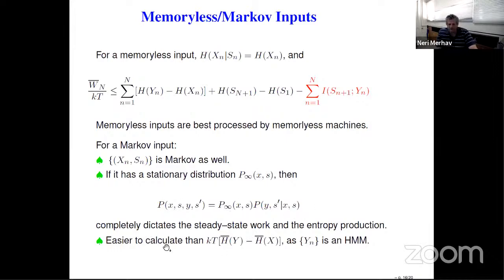This is a lot easier than calculating the difference between entropy rates, as in the result that I mentioned before by Mandal, Boyd, and Crutchfield. In the case of a Markov input, the output of the system is a hidden Markov model, and it doesn't even have a closed form expression, only bounds.